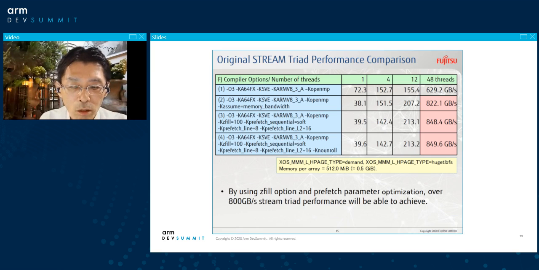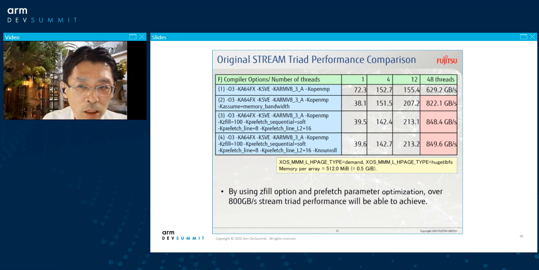So what is the result? There are option sets number 1, 4, and 12, and 48 threads. In number 1, the one-thread performance is the best, 72 gigabytes per second. However, for 48 threads, it achieved 629 gigabytes per second.